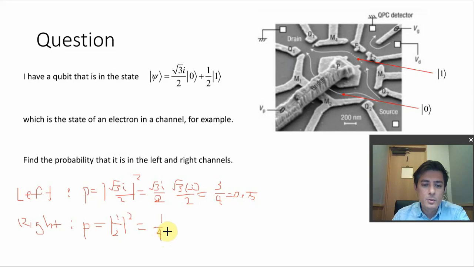So this is equal to 1/4, or of course equal to 0.25. Okay, so that means that if we prepare this state, then 3/4 of the time we'll find it here, and 1/4 of the time we'll find it there, and basically that is your quantum mechanical prediction.